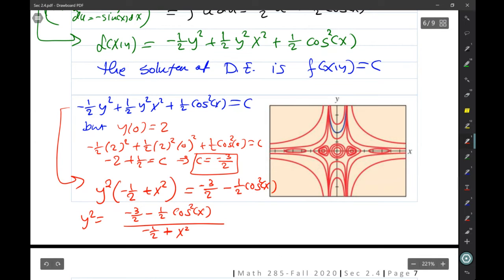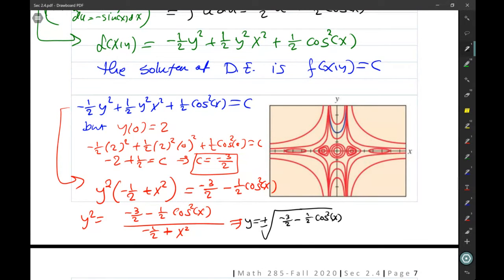So the y here is equal to what? It is equal to positive or negative square root of minus 3 by 2 minus half cosine square x divided by minus half plus x square.